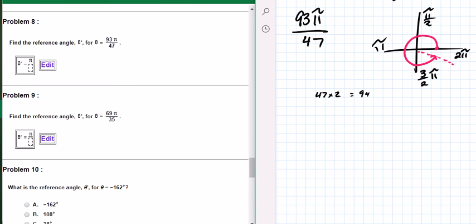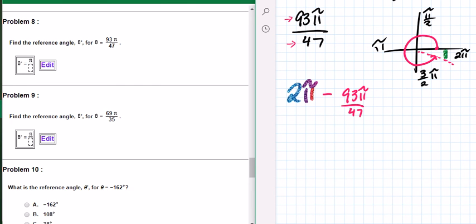It is almost double. So what I need to do is take 2 pi and subtract 93 pi over 47.